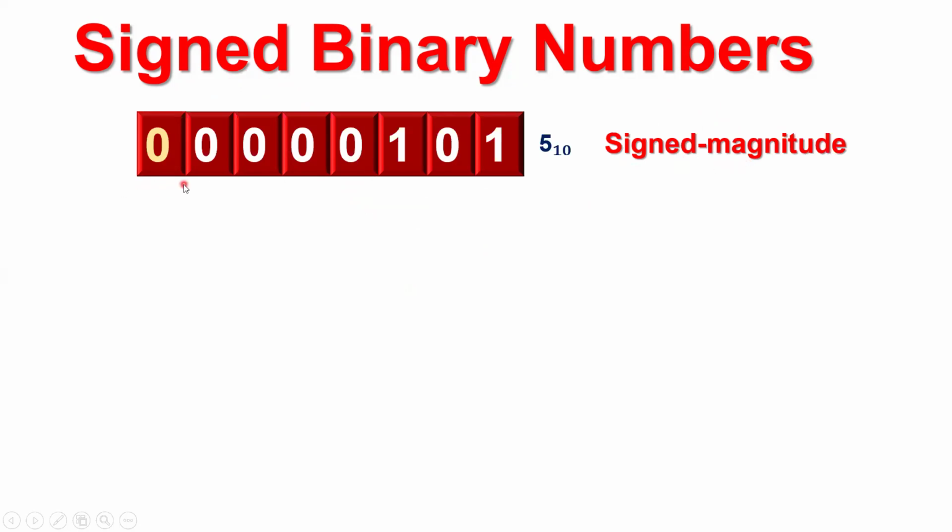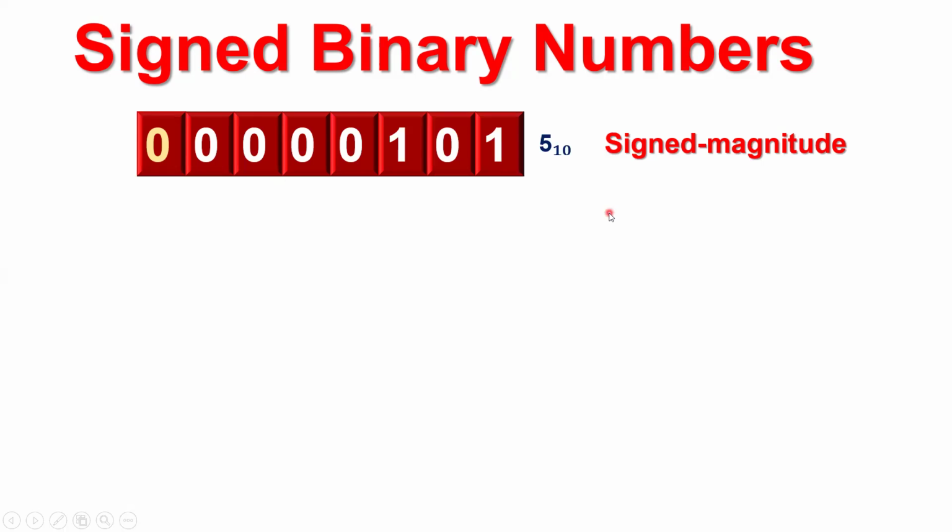For example, an 8-bit number is shown whose decimal equivalent is 5, and this is the way signed magnitude form can be shown, where the MSB here, which is 0, tells us this is a positive number. That's why this is positive decimal 5.